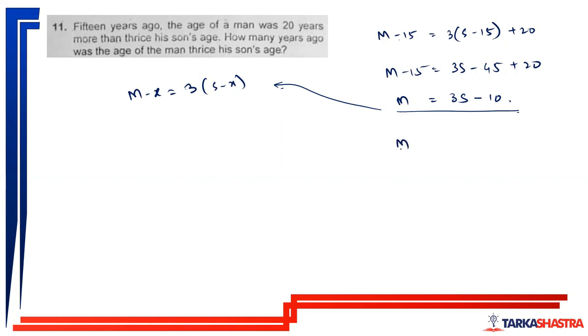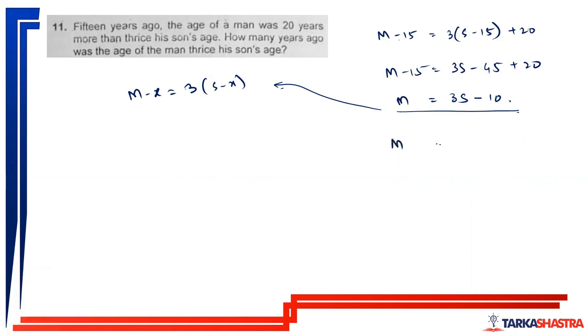Now, can we write something 3 into s minus 10 by 3? S minus 10 by 3. If I am subtracting 10 by 3, I'll have to add plus 10. And if I am subtracting, so what I'm doing, 3s plus 10 minus 10, and then this minus 10 is already there. Okay, na? Try to understand how I'm solving this equation.